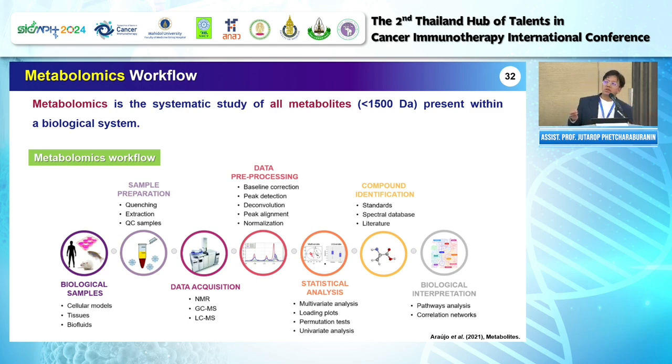If we have a very poor study design, we will end up with poor sample collection, poor data acquisition, poor statistical analysis, and poor outputs. It's just like rubbish in, rubbish out. So we need to very carefully plan our study before we start taking samples from the site of study.